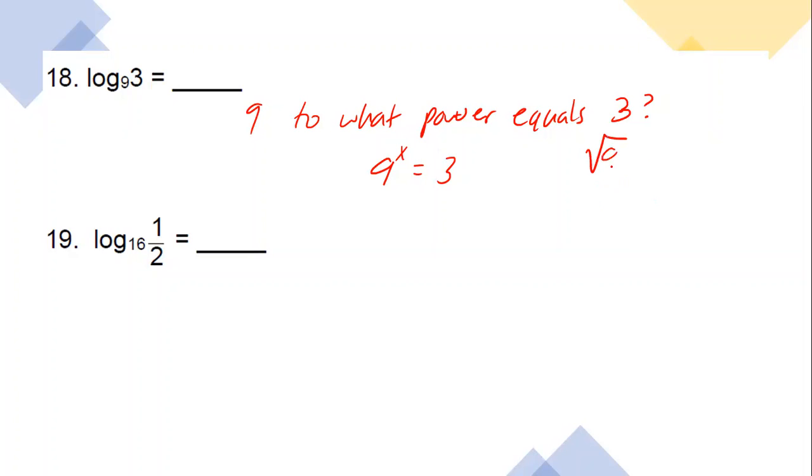So the square root of 9 equals 3. The square root symbol, guys, that's what a half means. If I'm taking the square root of something, that's a half power. If I'm taking the cube root of something, that's a third power. If I'm taking the fourth root of something, that's a fourth power.